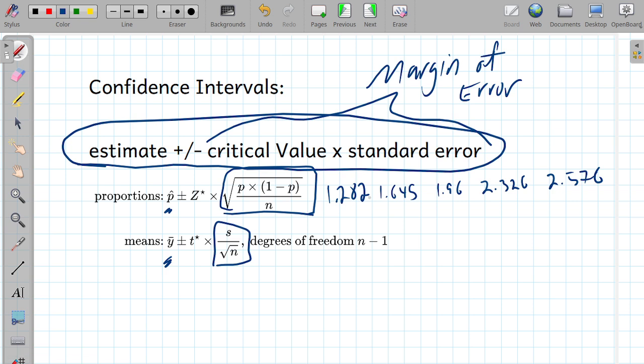Okay, let's get back to this. So when we get to mean values, we have to pay attention to degrees of freedom, which will be n-1. We're going to save this conversation until we get to this topic, but whenever we work with t, we'll always have to be aware of the sample size because we have to compute degrees of freedom.